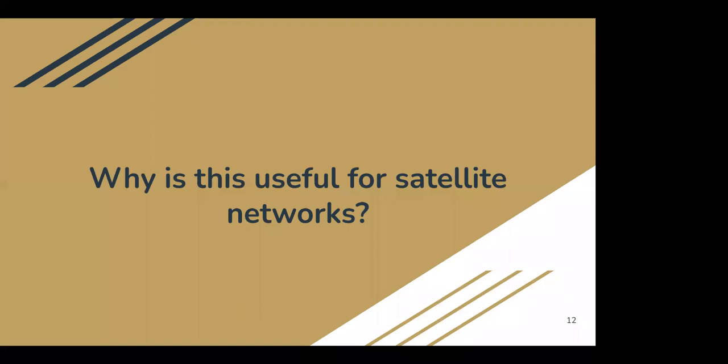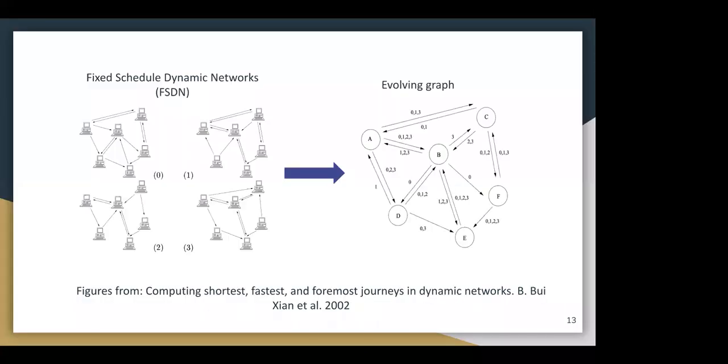Now, why is this useful for satellite networks? What's the relation? Well, as we know, satellite constellations can be represented as temporal graphs, using a graph representation that allows us to approximate the behavior of the whole network under different scenarios.